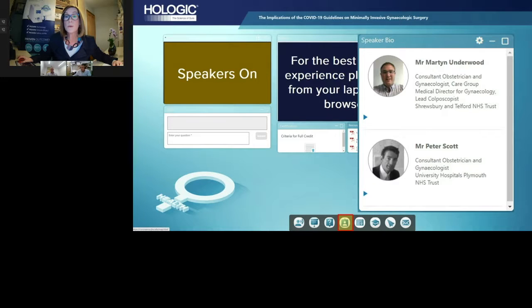Mr. Underwood is also an Honorary Research Fellow at the University of Birmingham. Mr. Scott is based at the Derriford Hospital in Plymouth and supported the development of the outpatient hysteroscopy service, introducing both NovaSure and MyoSure procedures. He has also trained two nurse hysteroscopists who now support the service. You can read their full biographies in the speaker bio window.